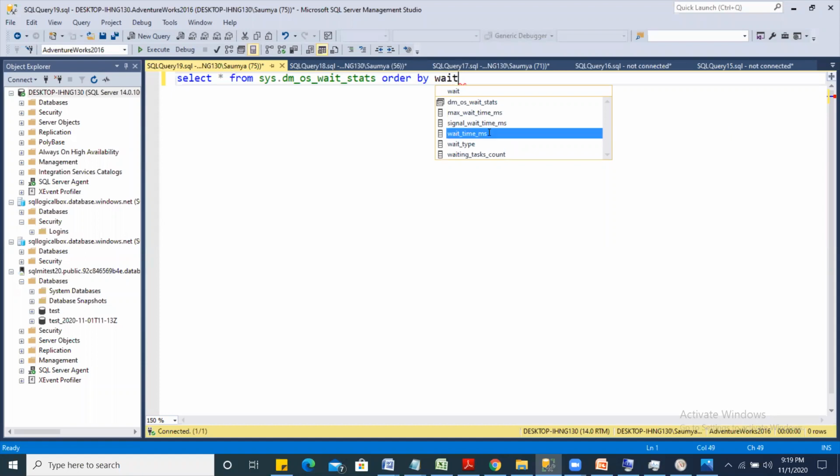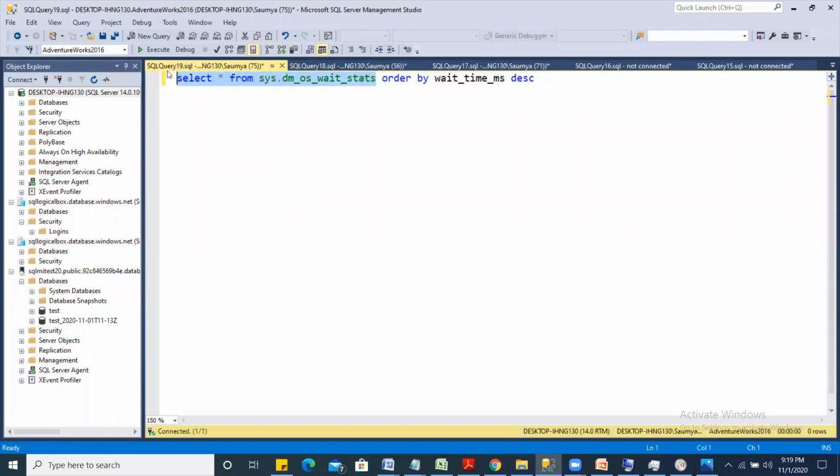Now it is coming. It should be in descending order. If you execute only this part of the query, you will not have the relevant result that you are looking for. We are interested in the waits which have the highest total waiting time, which I'm going to discuss after this output.